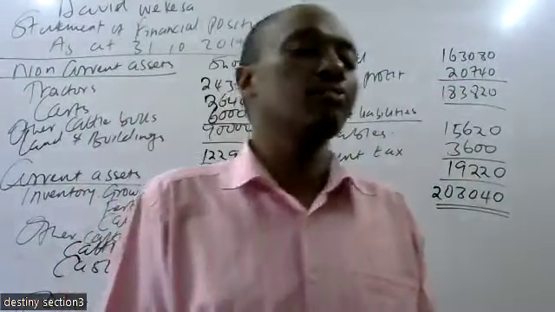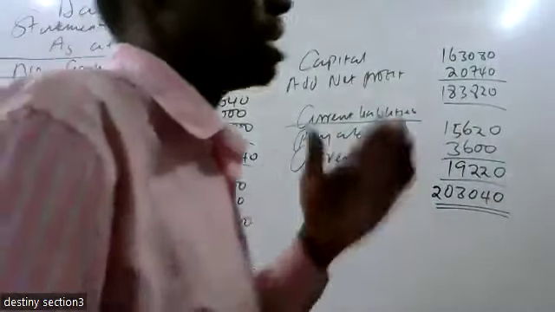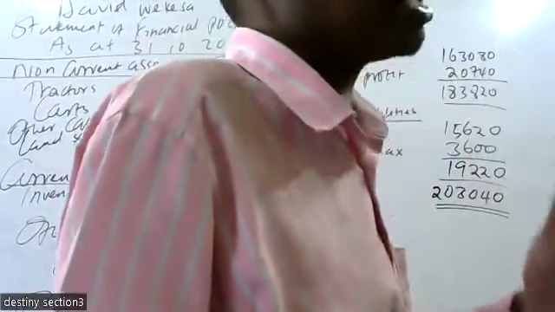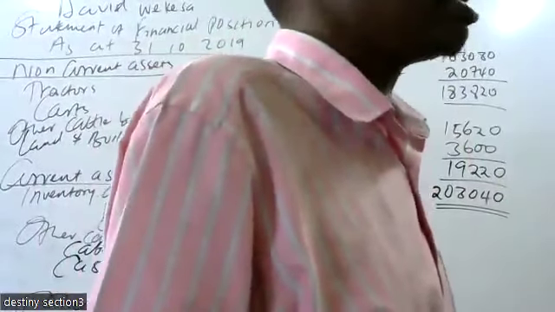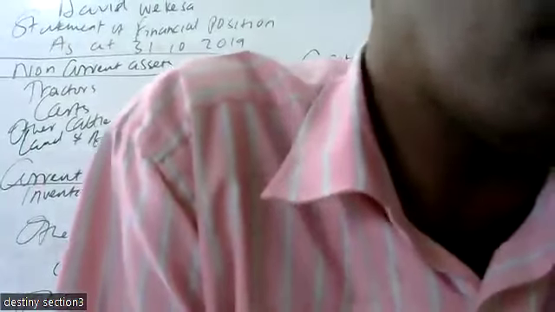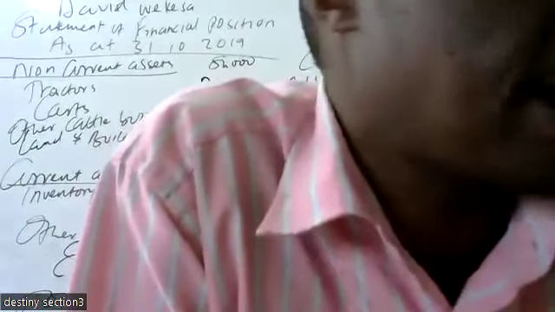And of course, the net realizable value is the realizable value minus the sales cost, the cost incurred to sell.